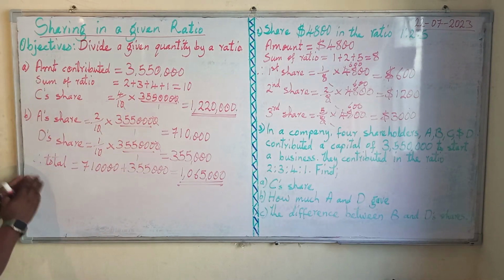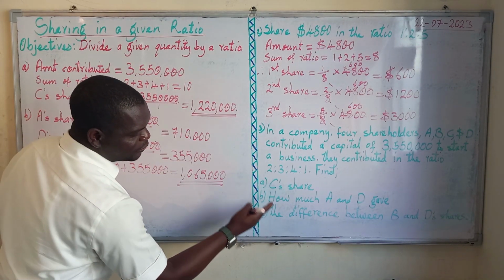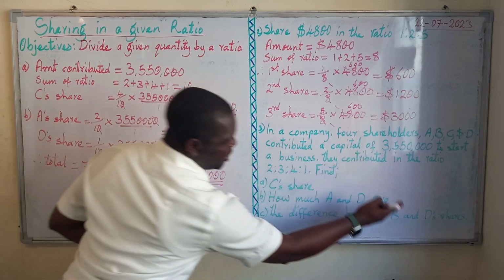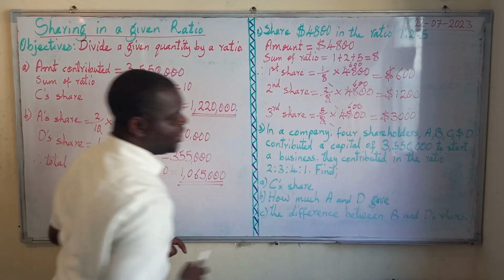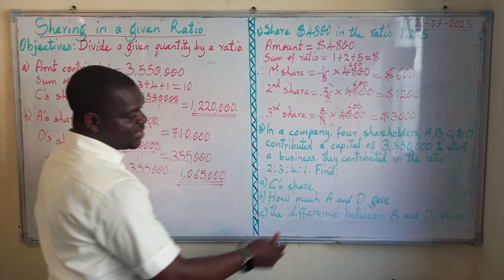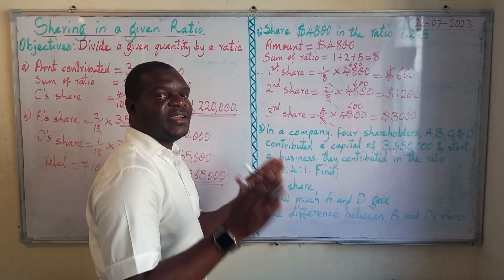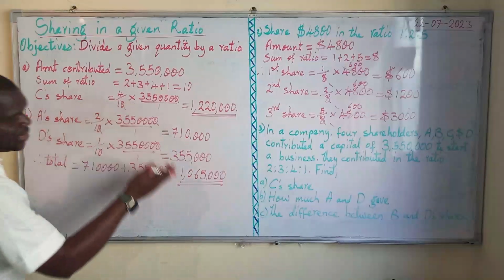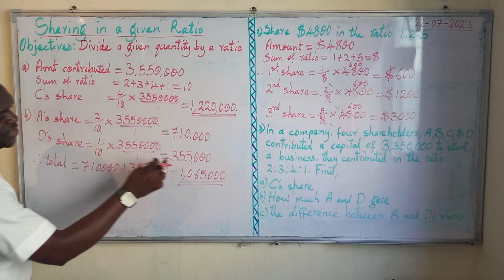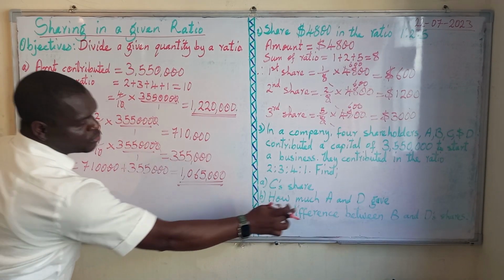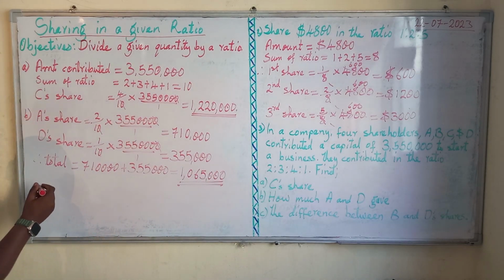Let's move to the last aspect, that is C, to find the difference between B and D's share. All we have to do is find B's share and D's share, then find the difference. In this case, we already have D's share. So what we do is just to find B's share.